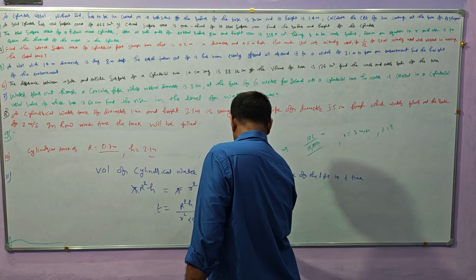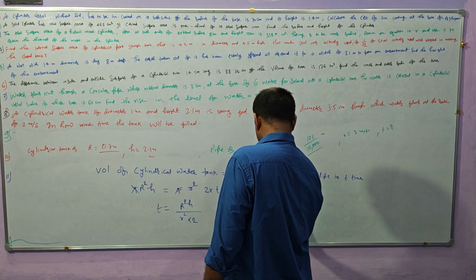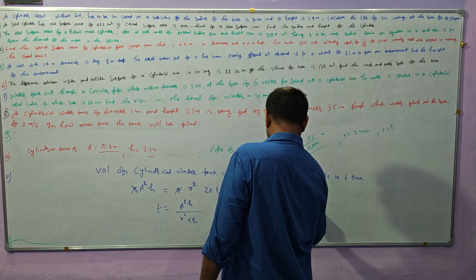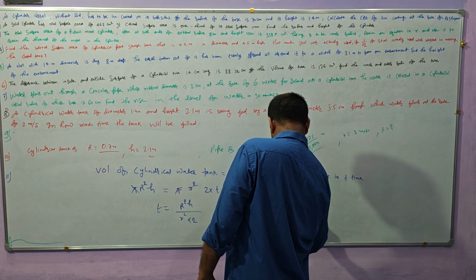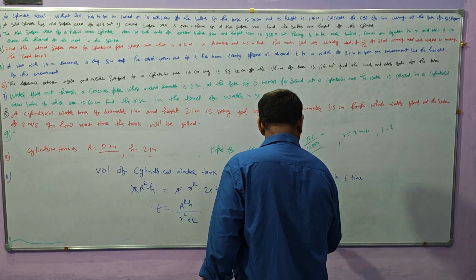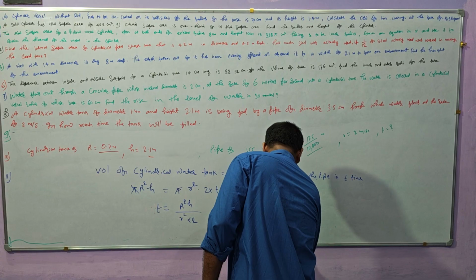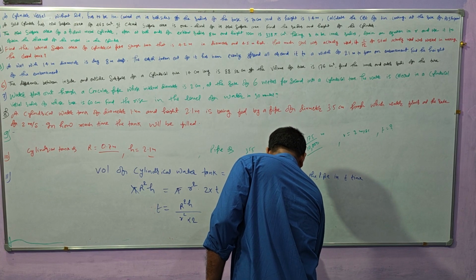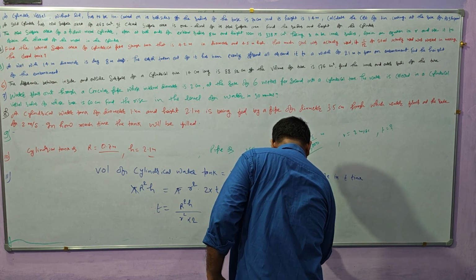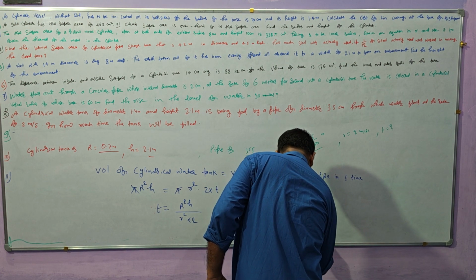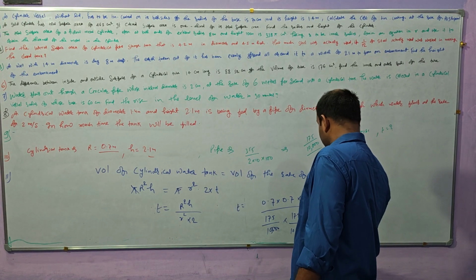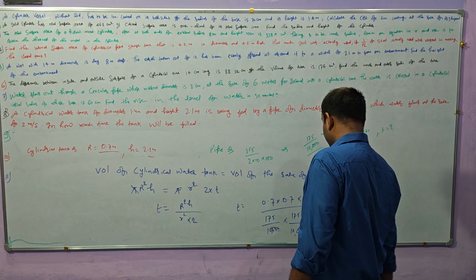And we know r is equal to 0.7 into 0.7 and height is 2.1, and r square is basically 1.75 upon 10,000 into 1.75 upon 10,000 into 2.